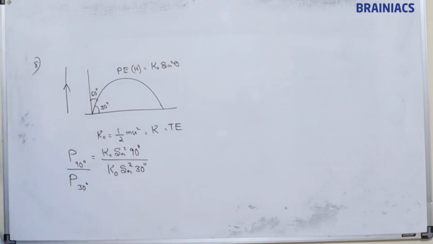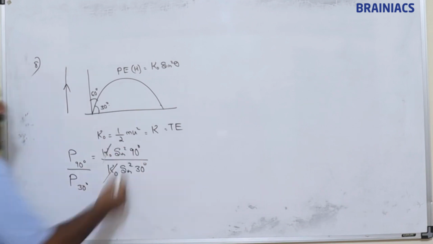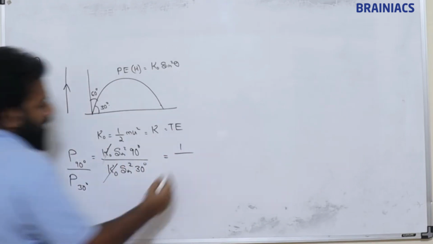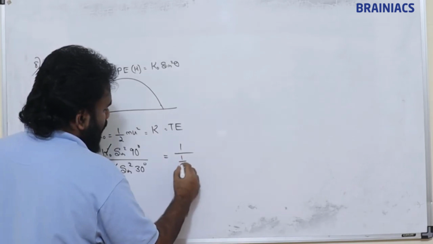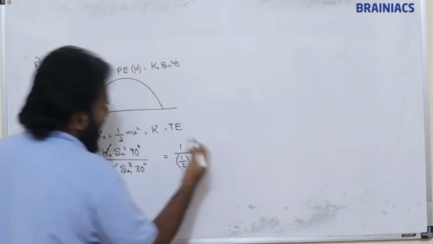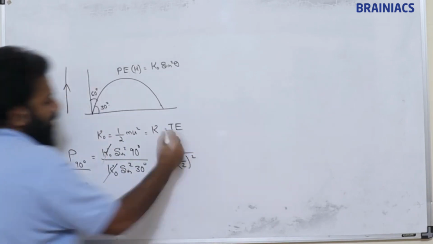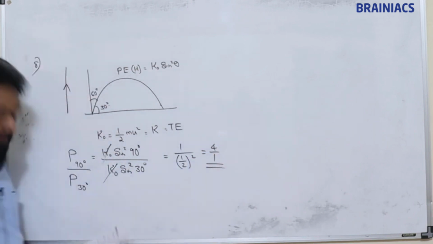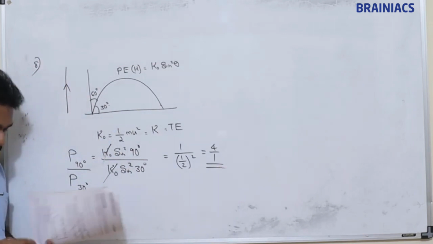So K naught can be cancelled off. Sine 90 is 1, so 1 divided by sine 30, which is 1 by 2. Its square we will have to take, so the 2 square will go outside. So the ratio is going to be 4:1.